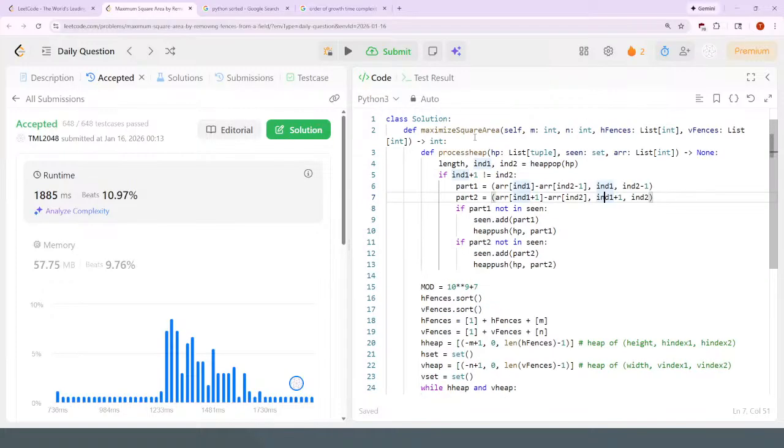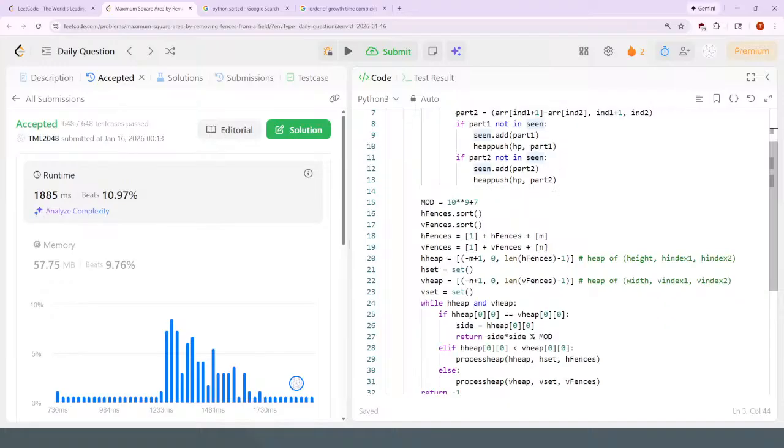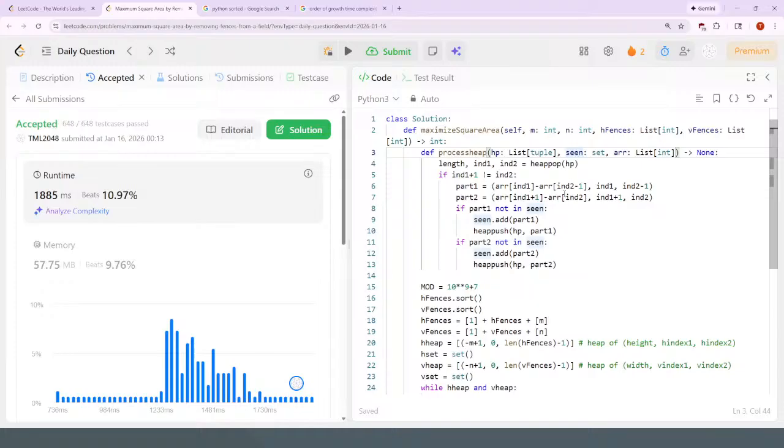And then there's a set just to make sure that you don't repeat tuples, because it's possible, with that kind of logic, to re-encounter certain indices with the pathing.